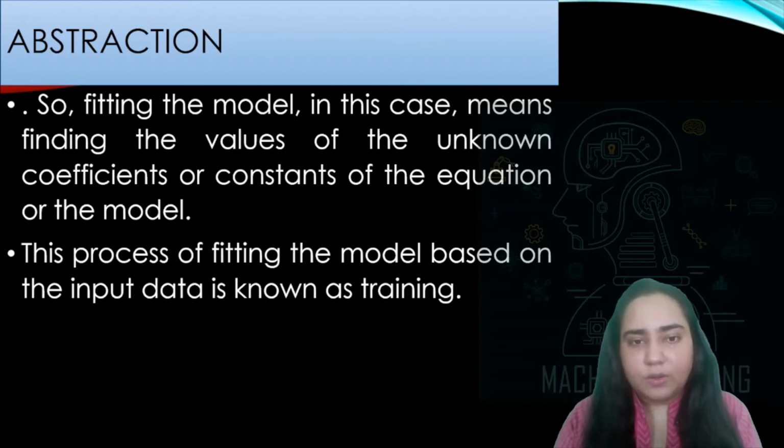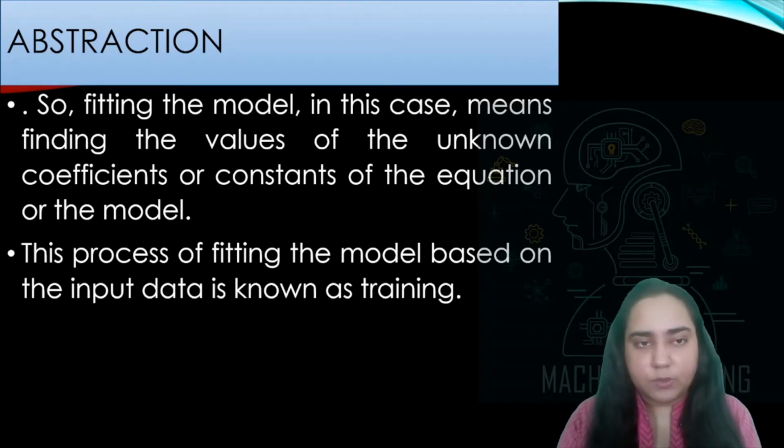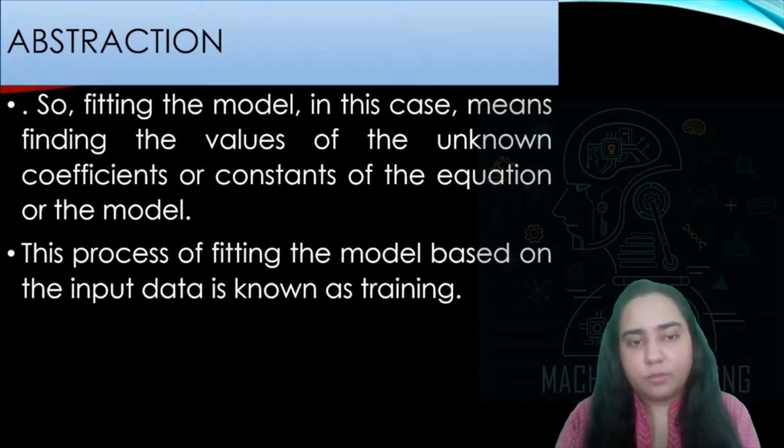To do that, you have to find the values of those constants c1 and c2, because if you are able to do that, then given the value of x, which is an independent variable, you will be able to predict the value of y, which is a dependent variable. This can only happen if you have been able to fit the model on the input data.